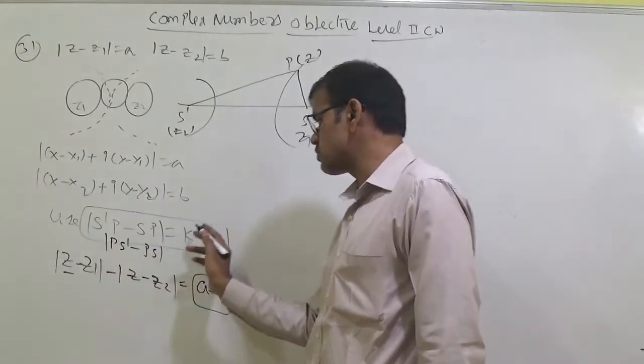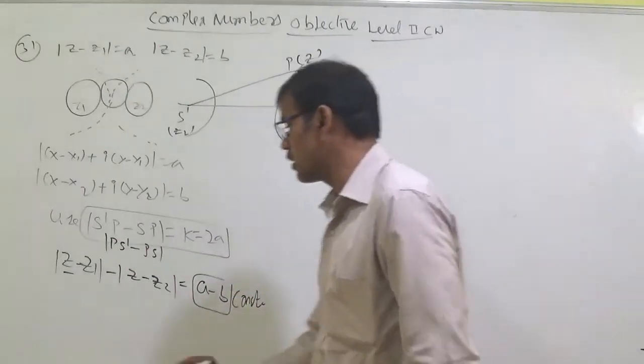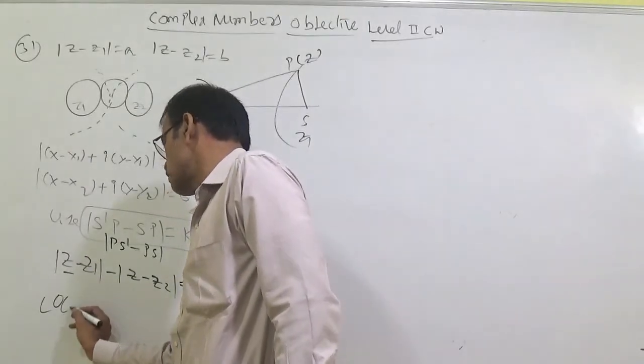Whenever S dash P minus SP equals K, the locus is a hyperbola.